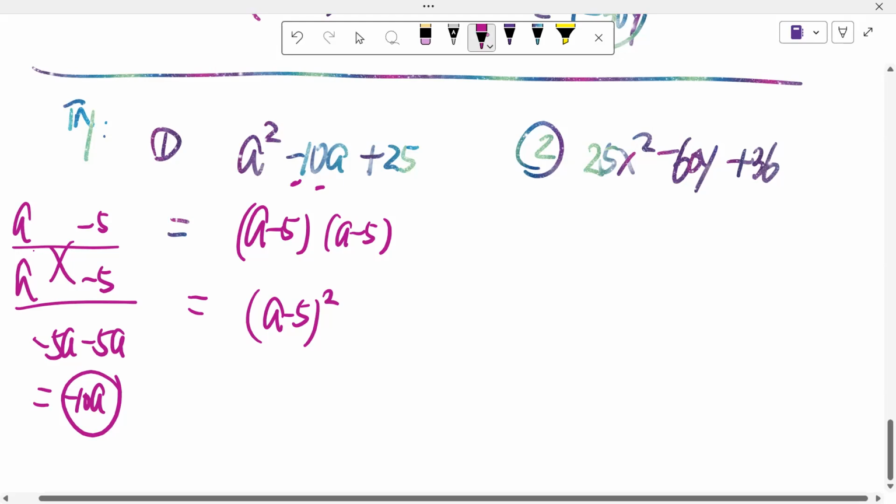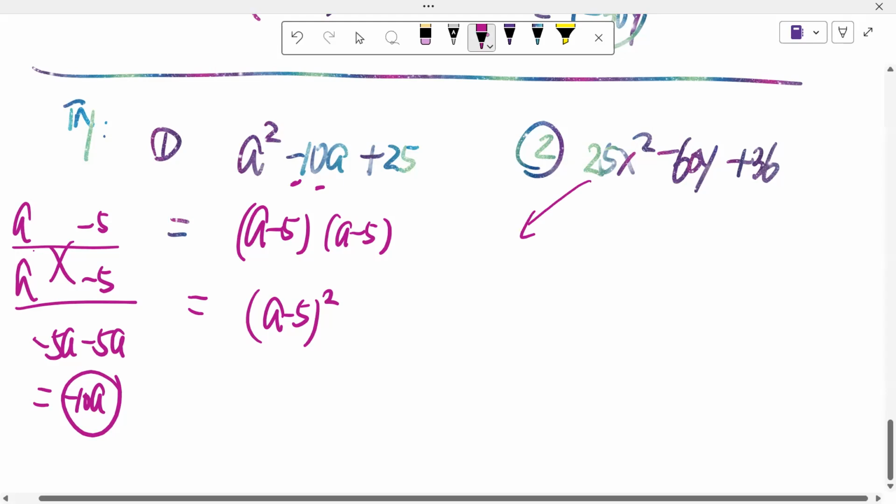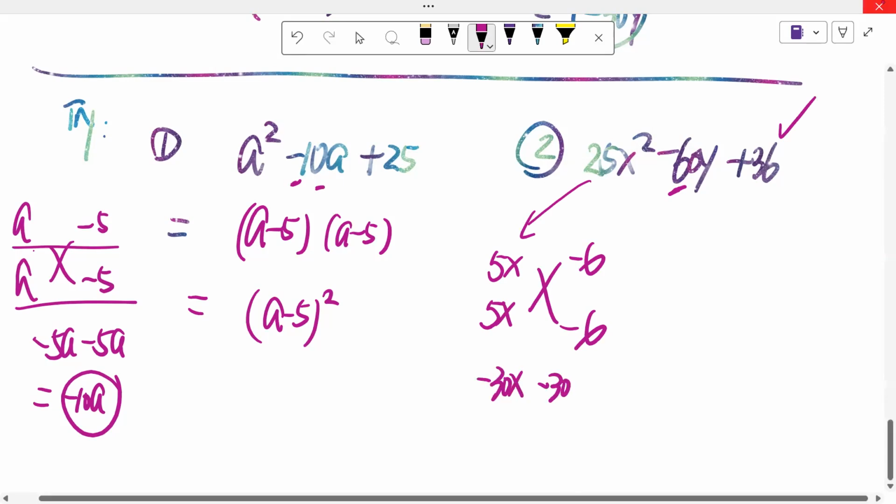And the second one, similarly, break down 25x squared as 5x and 5x, break down 36 as minus 6 and minus 6, because the middle one is minus. So then we cross multiply: minus 30x. Oh, this is x, right? It's not y.